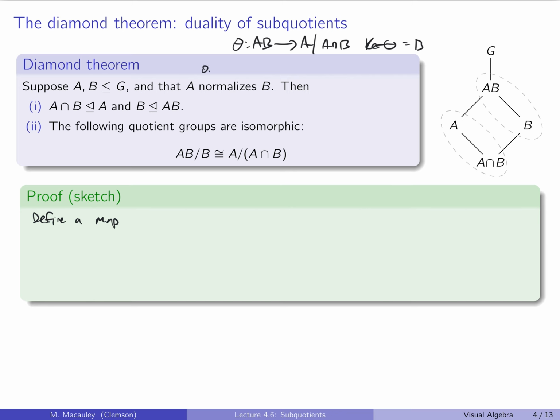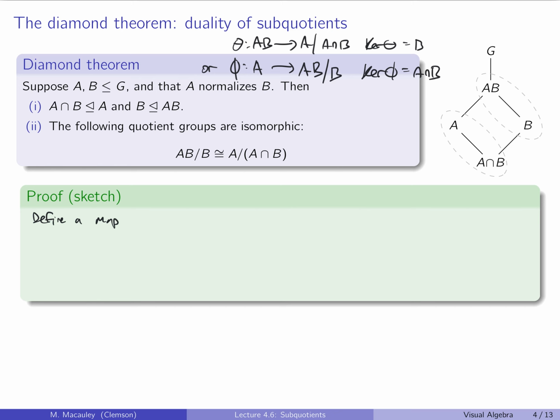Or we're going to define a map phi going the other way, from A to AB mod B, and show that the kernel of this map is A intersect B. Either of these will work, but one of them I think is a little bit easier. You see which one?